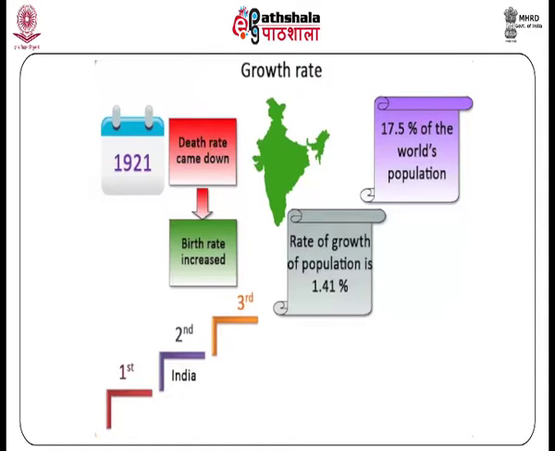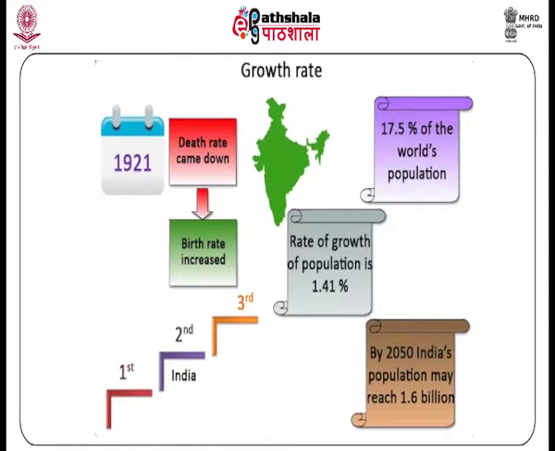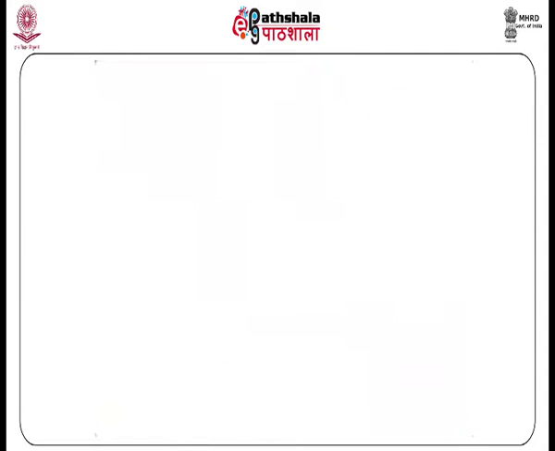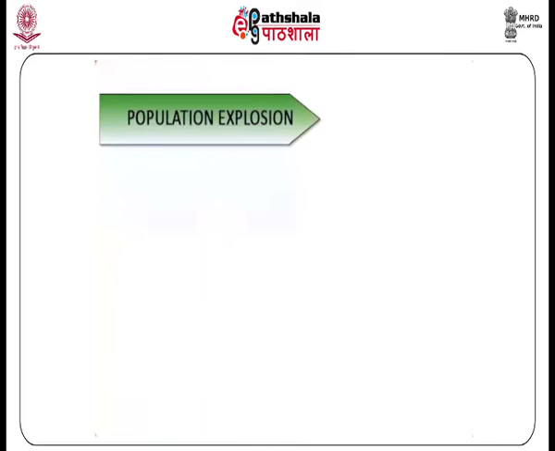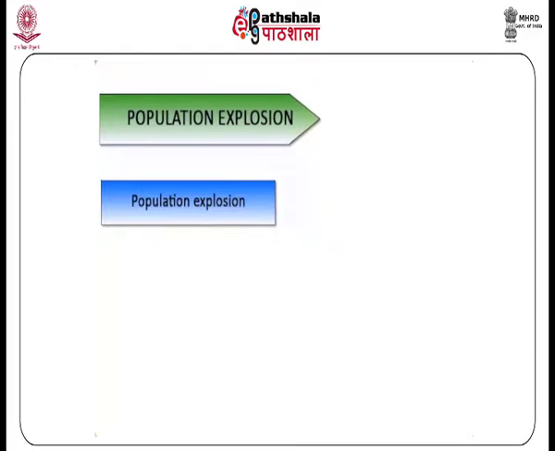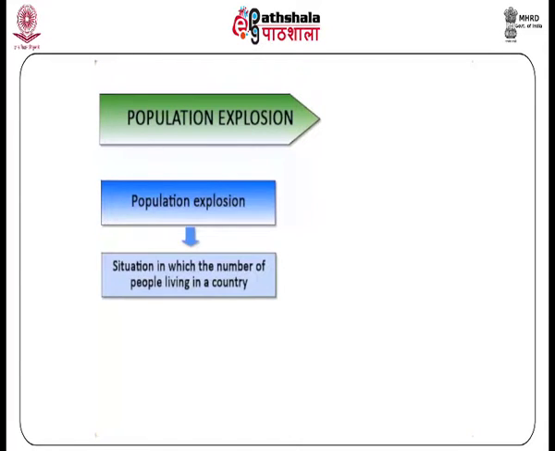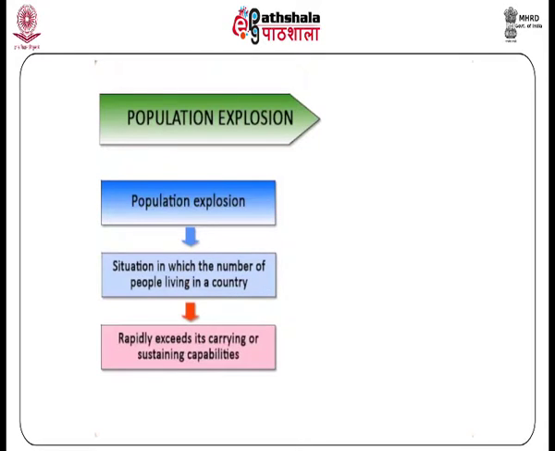By 2025, India is likely to be the most populous country in the world, more populous than China. By 2050, India's population may reach 1.6 billion. In the 1960s and 70s, India was often said to have overpopulation or population explosion. Population explosion is a situation in which the number of people living in a country rapidly exceeds its carrying or sustaining capabilities.